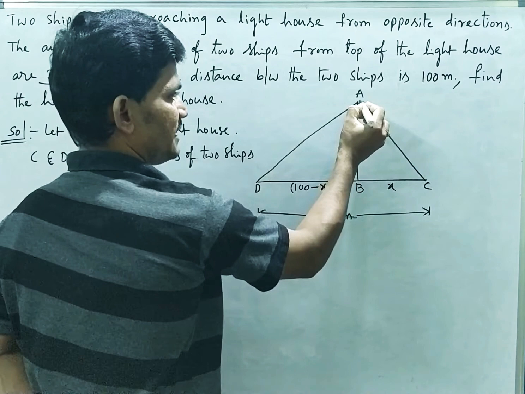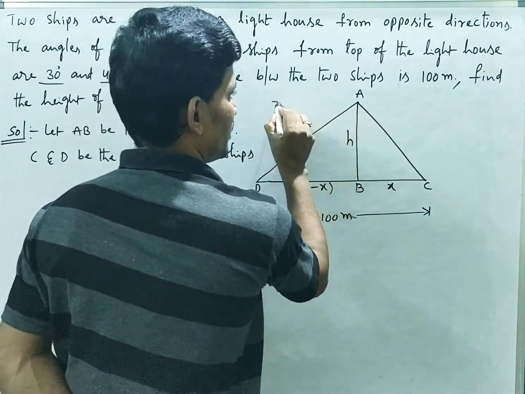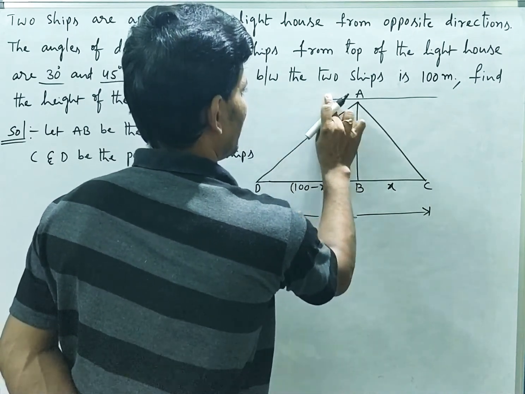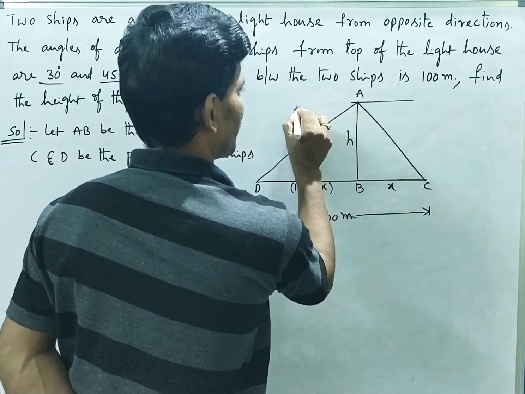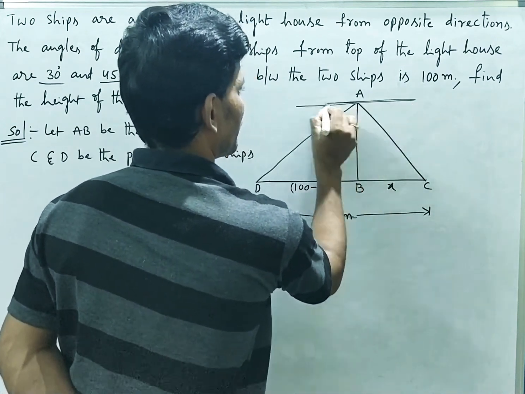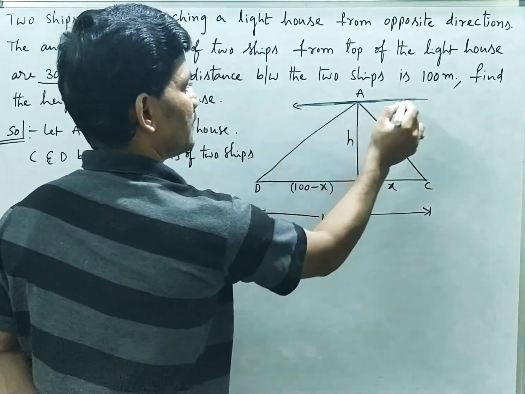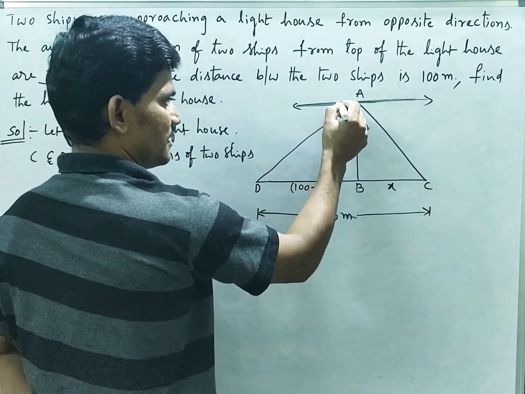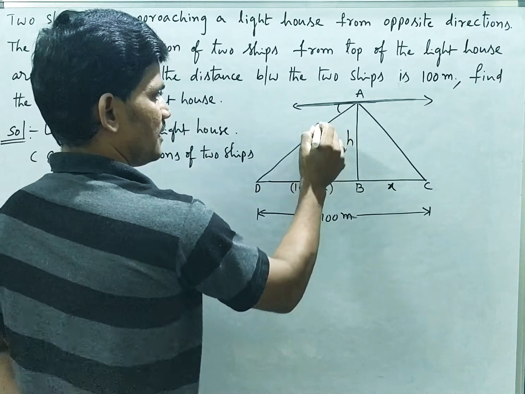You are seeing from A, that is the observation point, and you have to draw the horizontal line. Let it be the horizontal line, and the angle between the horizontal line and the line of sight is called the angle of depression.